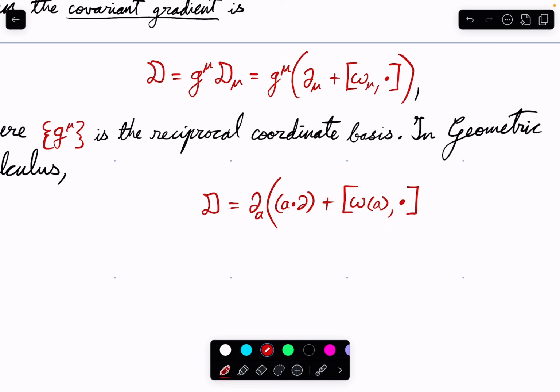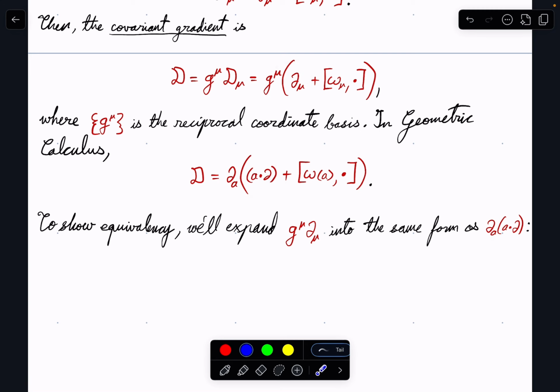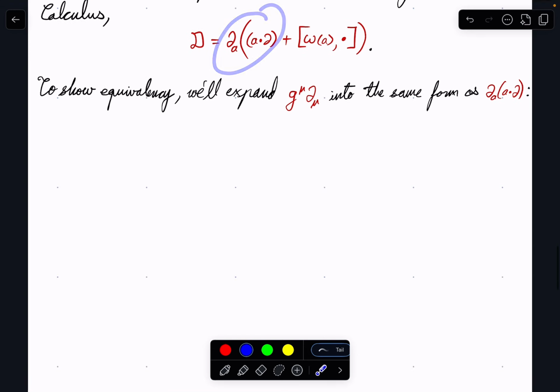And you'll see the reason why I'm only doing this into this is because they're just the first terms here. So I'm going to show that this term is equivalent to this term. And you can do the same thing for here and here and here and here, but I'm just going to do it for here because it's a less lengthy calculation.